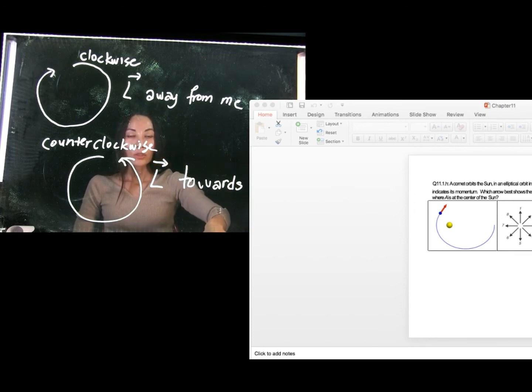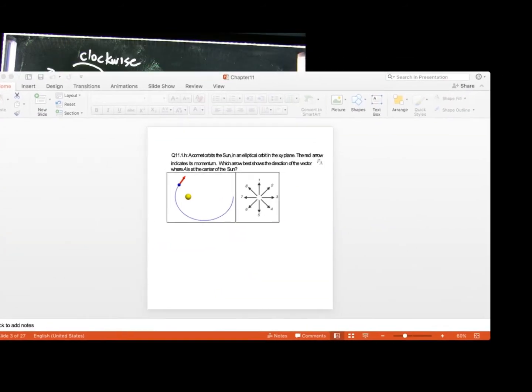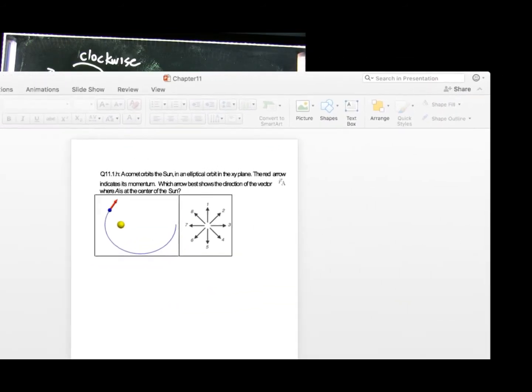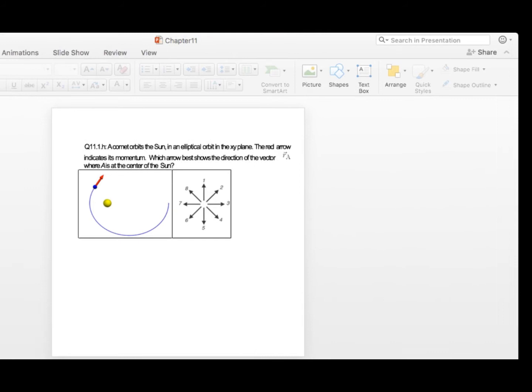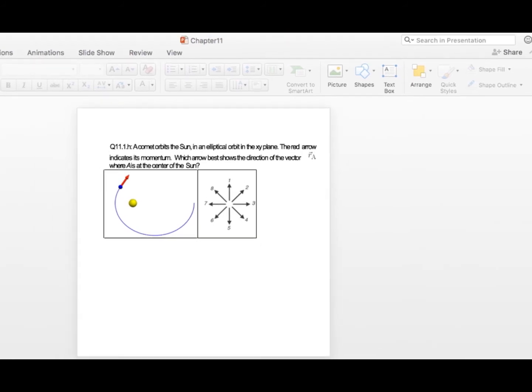So let's take a look at the clicker question. In this question, we have a comet orbiting the sun in an elliptical orbit in the XY plane. The red arrow indicates the momentum direction.